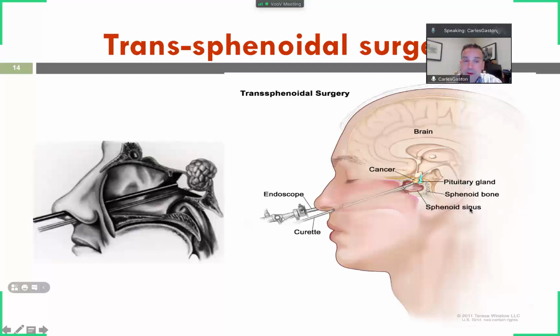Remember on the first lecture where the pituitary was? Then you go through the sphenoid bone and reach the pituitary gland. And then the part of the tumor is taken away from the pituitary gland through the nose. This is the less invasive because otherwise there is no possibility to get into the pituitary gland.